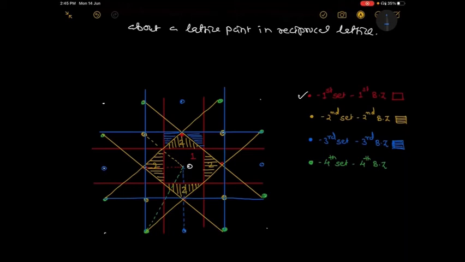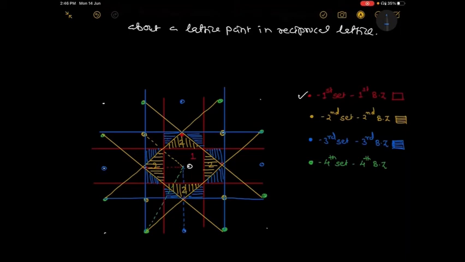Blue lines. Here also. These are the blue region which is formed due to the third set of reciprocal lattice points about the central point, and it gives the third Brillouin zone.